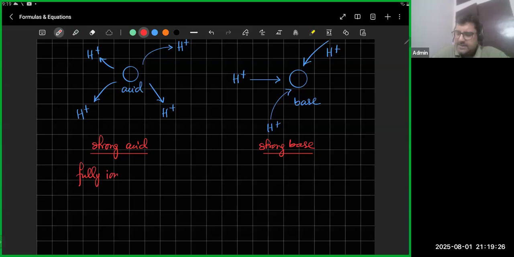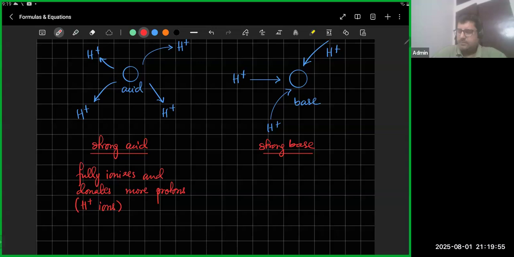It fully ionizes and produces, yeah, and donates more protons, which are basically your H plus ions.